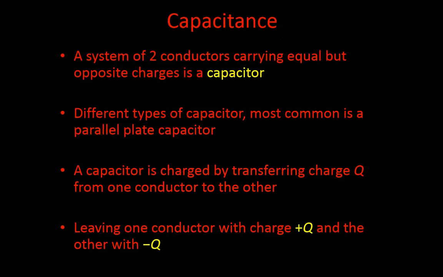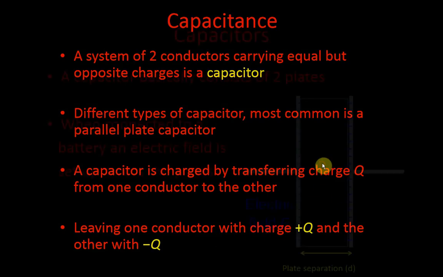In terms of capacitors, what we're talking about is a system of two conductors that have equal but opposite charges. And we've usually seen this in the context of a parallel plate capacitor. In the parallel plate capacitor, we have two plates, one with a negative Q and another with a positive Q, positive and negative charges on each plate.